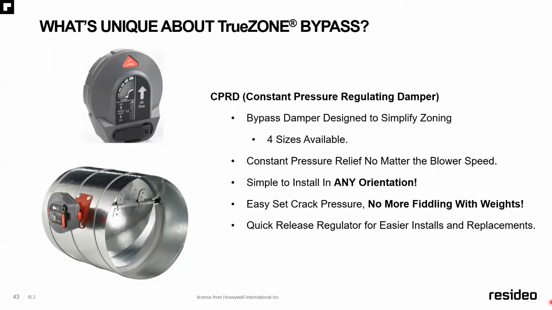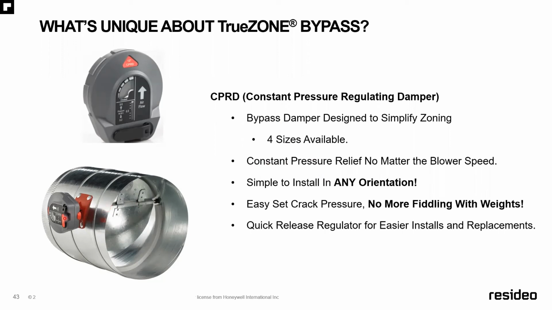Okay, the 4 sizes available, we've already mentioned. This works really, really well with variable speed air handlers. By not being hindered to keep that shaft horizontal like you have to with the old-timey balanced arm with the weight on the end of it, it gives you lots of flexibility.